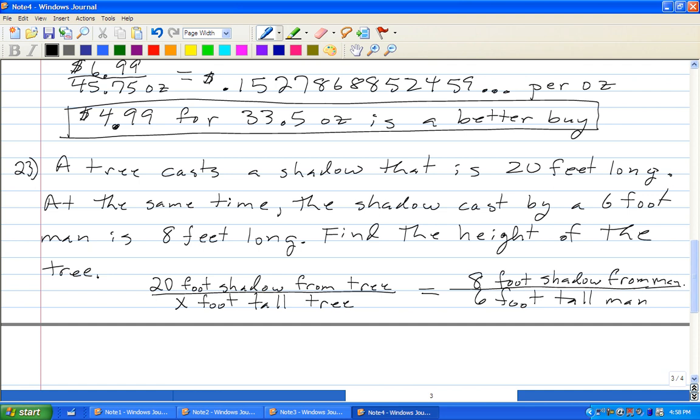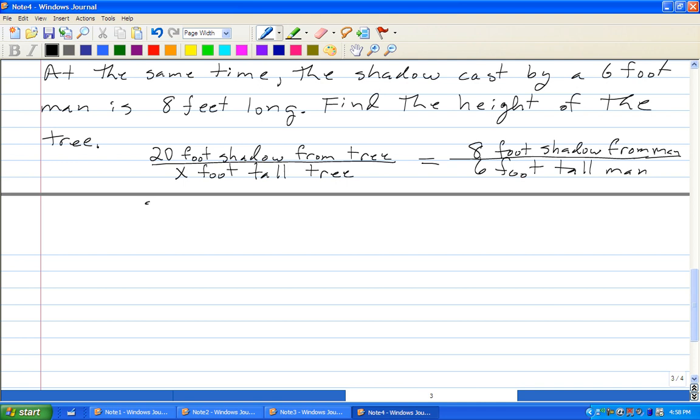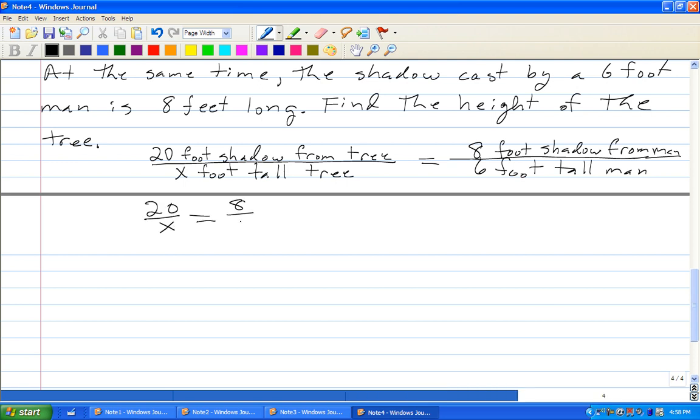Now notice tree to tree, man to man, shadow to shadow, actual height to actual height. And so I have 20 over x is equal to 8 over 6.